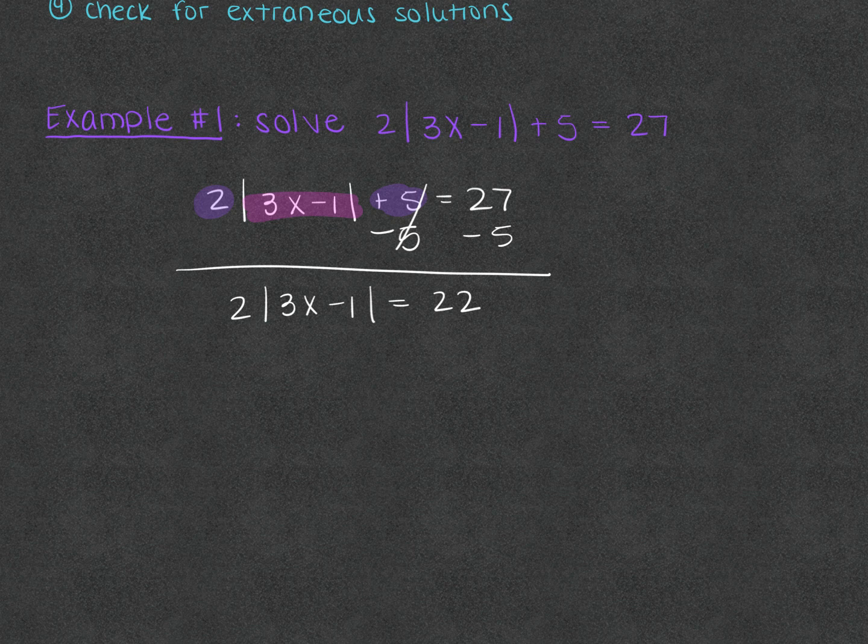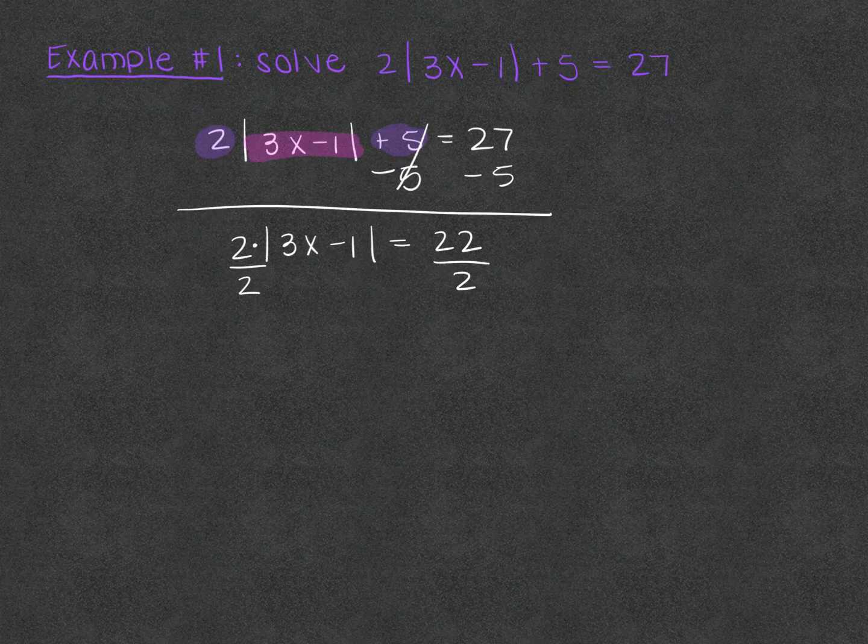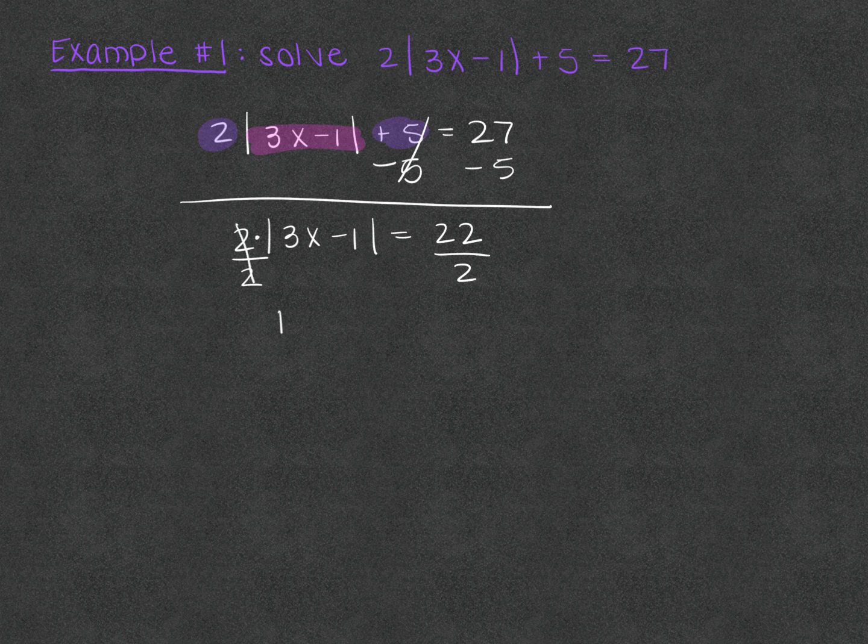This is 2 times the absolute value. So to get rid of multiplying, we're just going to divide both sides. And then we've got 3x minus 1 is 11, okay? We've completed the first step. We isolated the absolute value, or got it by itself.